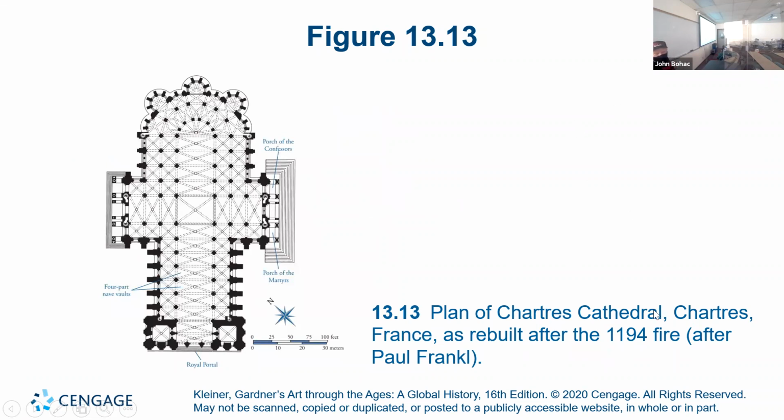And so we built after the 1194 fire. And so what was there before, well, still has the same shape. It's still something of a crucifix. And we see the ambulatory and the chapels.